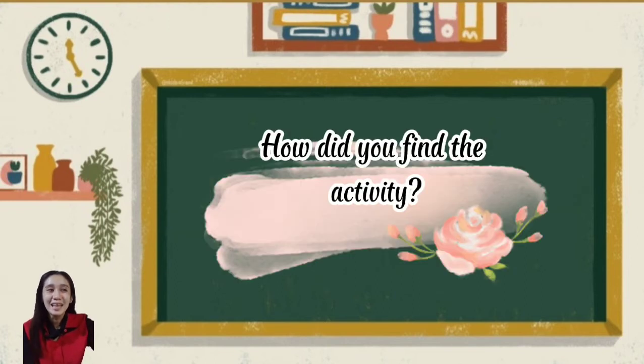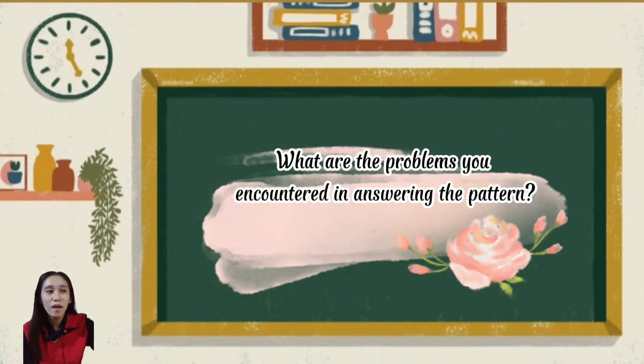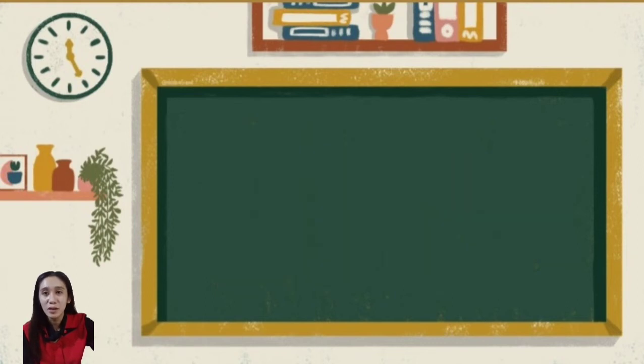So now class, how did you find the activity? Okay, thank you for your response. What are the common problems or difficulties that you encountered in answering such patterns? Yes, okay. Let's see.